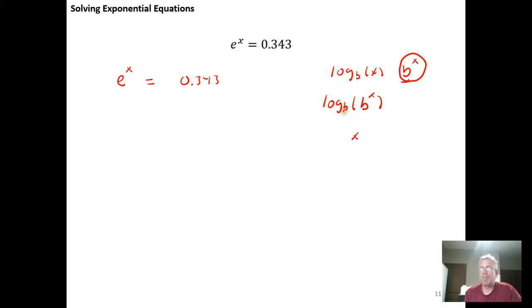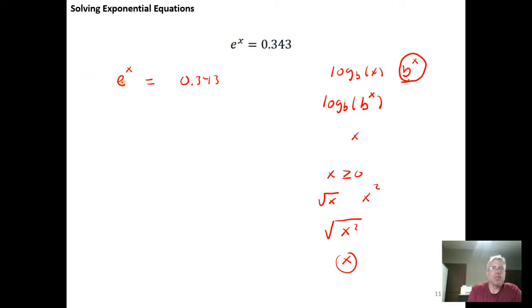The log base b will cancel the exponentiation base b because they're inverse functions. In the same way, for example, we know that for x greater than or equal to 0, the square root of x is the inverse function for x squared. So when we pop x squared into the square root function, the square root cancels the squaring and gives us the x out of the equation.